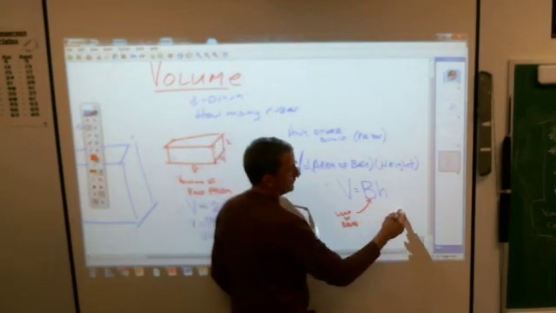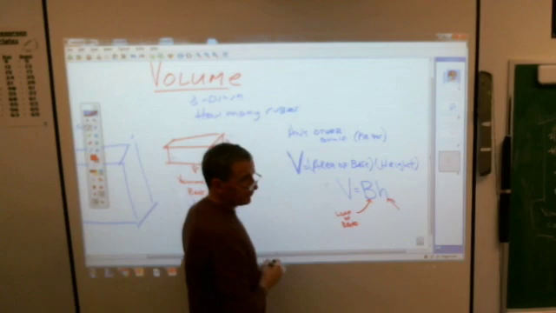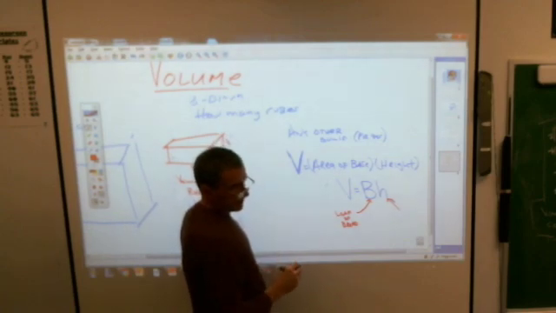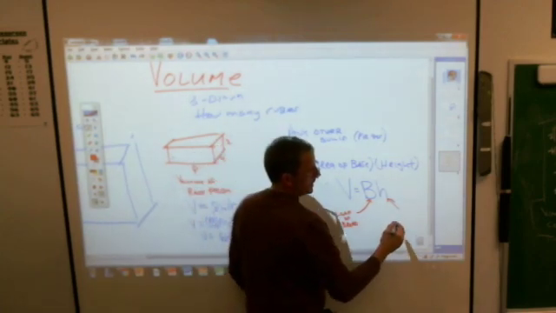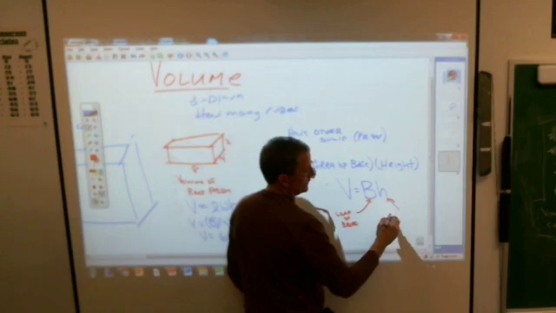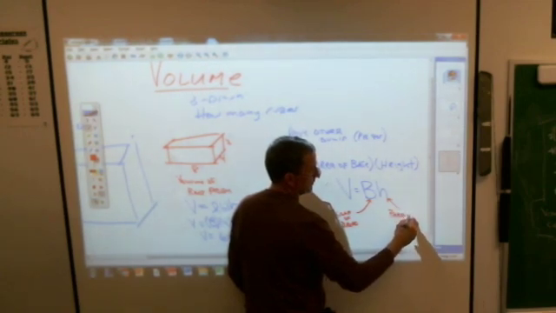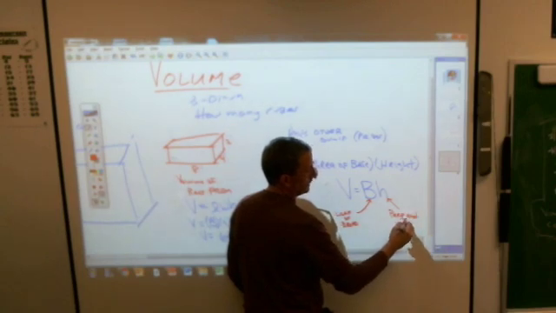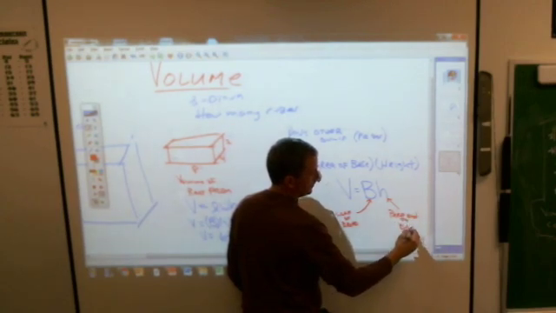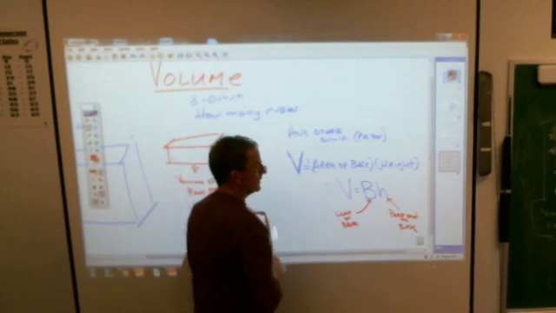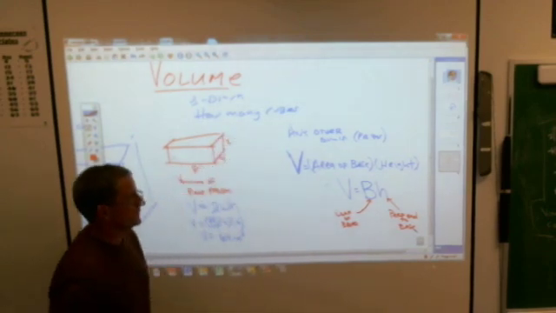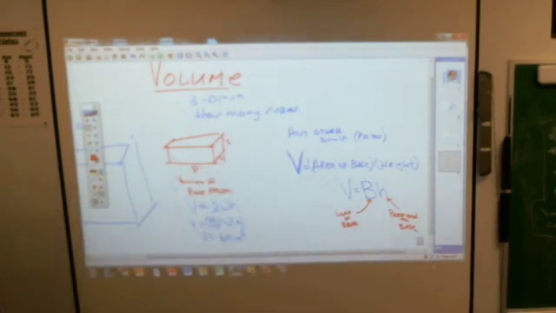The height of the shape is what you have to be very careful with, because the height has to be perpendicular to the base. Okay, that has to be true. Some of this won't make sense until we do an example, and then you'll go, oh, it still doesn't make sense. Okay, let me give you a shape to talk about.